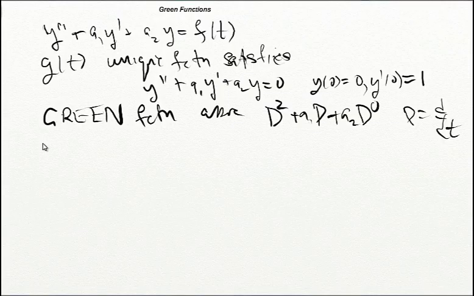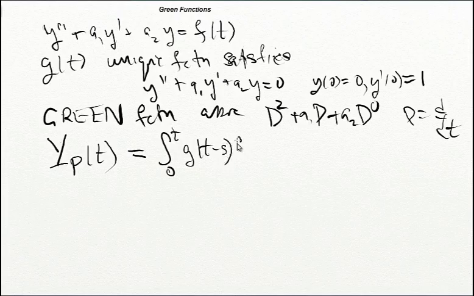Then, the particular solution to the differential equation can be obtained in some sense miraculously by integrating from 0 to t the Green function at t minus s against the inhomogeneous term f(s) ds.